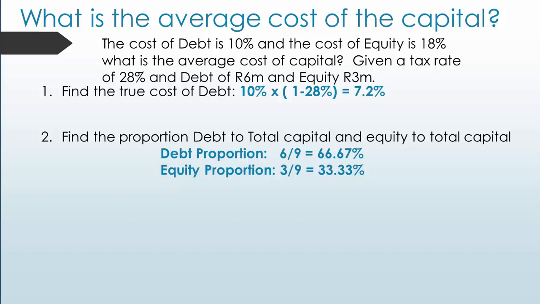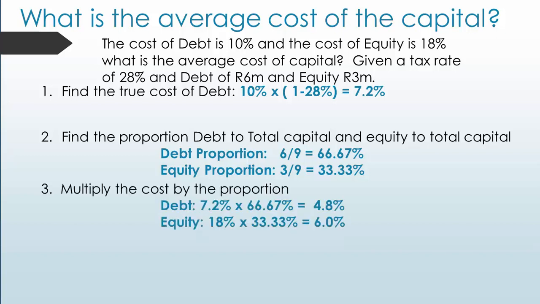Step number 3, multiply the cost by the proportion. So we take the cost, 7.2% for debt, and multiply that by the 66.67%. We take the cost of equity, which is 18%, which in this case was given to us, but we might have been given the components and had to calculate it. We multiply that by the 33.33%, and you would get its portion.